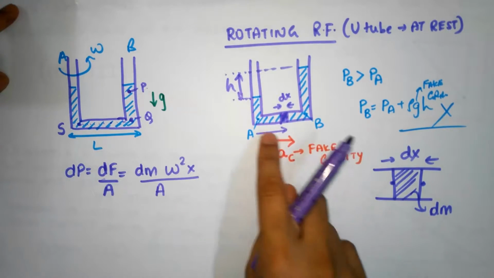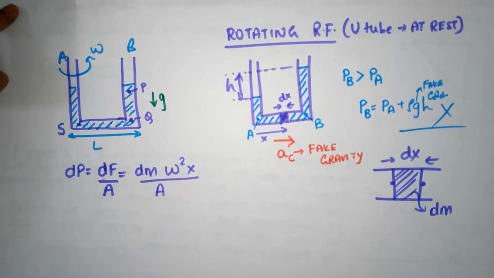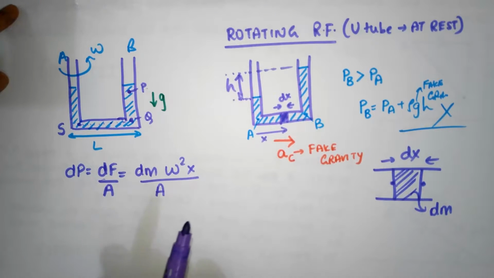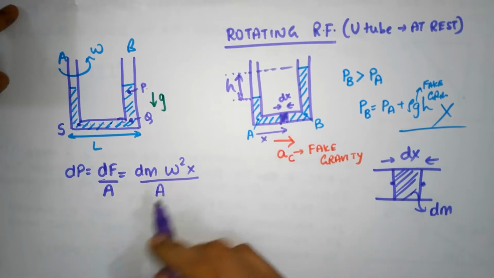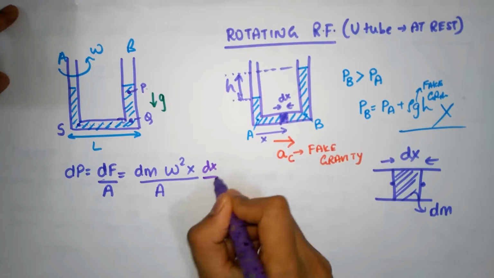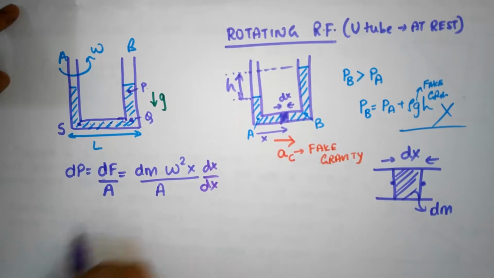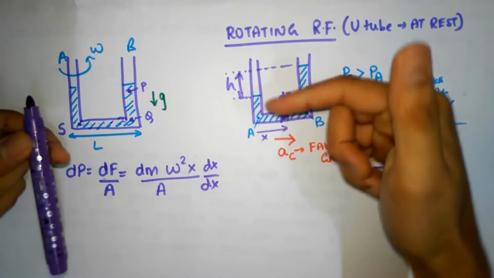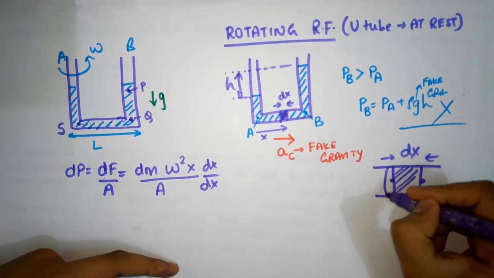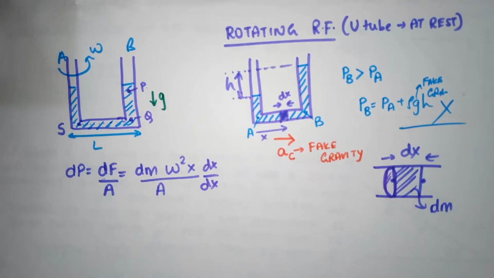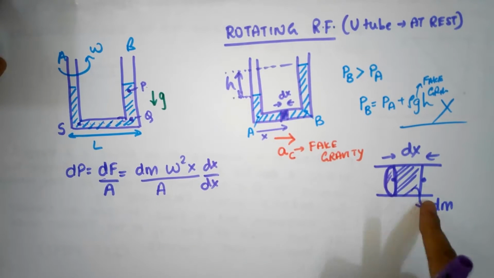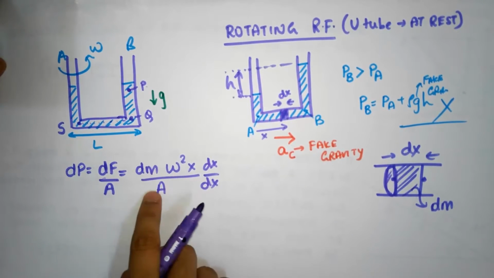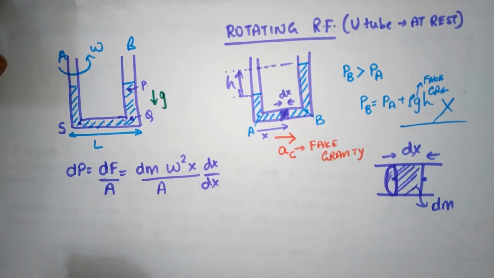So to calculate the pressure difference here, I need to integrate this equation. But to integrate that, I need to take care of this dm. So I'm going to divide and multiply by dx, taking dx in the denominator and numerator. The reason is, A times dx, where A is this cross-sectional area and dx is this length, represents the small volume, and dm divided by that small volume represents the density.